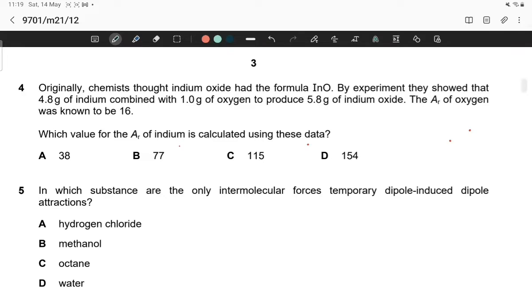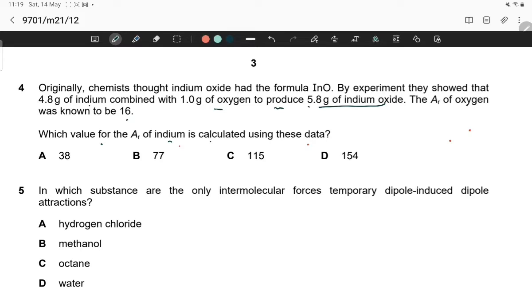Now next question is, originally chemists thought indium oxide had the formula InO. By experiment they showed that 4.8 gram of indium combined with 1 gram of oxygen to produce 5.8 gram indium oxide. The Ar of oxygen was known to be 16. Which value for the Ar of indium is calculated using these data?